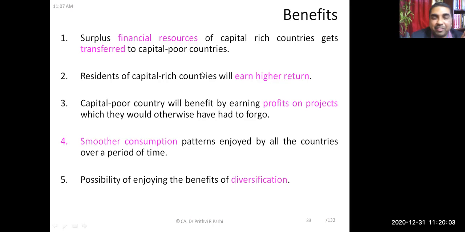So residents of capital rich country will earn higher return, and capital poor country will benefit from earning profits and projects which they would otherwise have had to forego, because if capital is not there, it would have been very difficult for them to start the business. But now, since capital is available, they are in the position to start the business and earn profit out of this. Is it not a win-win situation for both of them?